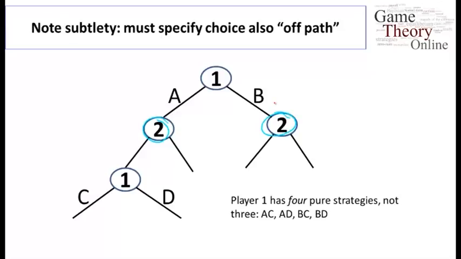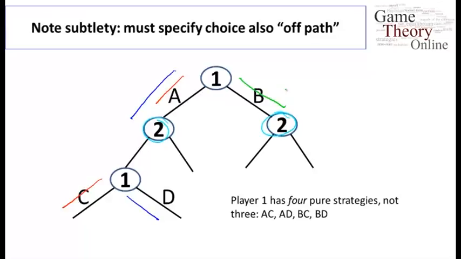Player 1, though, what are its available strategies? You might think that it has only 3 strategies. It can say, I'll go here and then go here, or I'll go here and then I'll go here, or you might say the final choice is I'll go here. And those are the only decisions I can make.